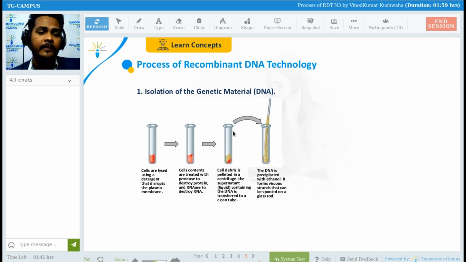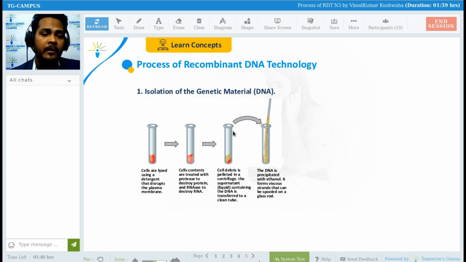DNA is the majority nucleic acid in most organisms. For cutting the DNA with a restriction enzyme, it needs to be pure and free from other macromolecules. When you extract the DNA from any particular cell, that doesn't mean you are extracting only the DNA.